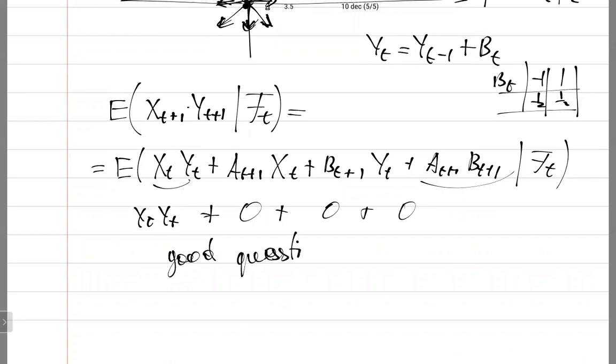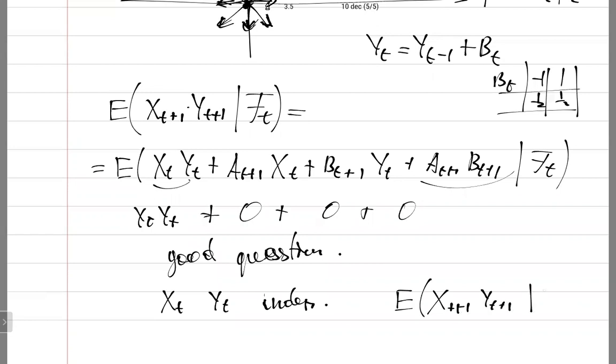I'm sure that this is possible because we know that Xt and Yt are independent, but when we make a condition, using some condition like Xt plus 1 Yt plus 1 given Ft, this may make them conditionally dependent, I think. Yes, it's necessary to use some conditional dependence.